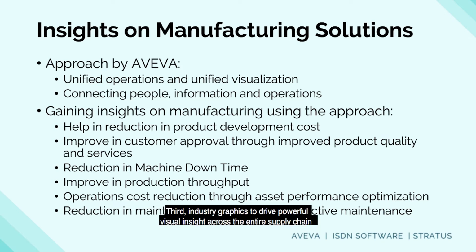Third, industry graphics to drive powerful visual insight across the entire supply chain, from a single asset to multiple sites. These three key elements, digital asset, unified operations, and unified visualization, combine to create values and connect people, information, and operations.